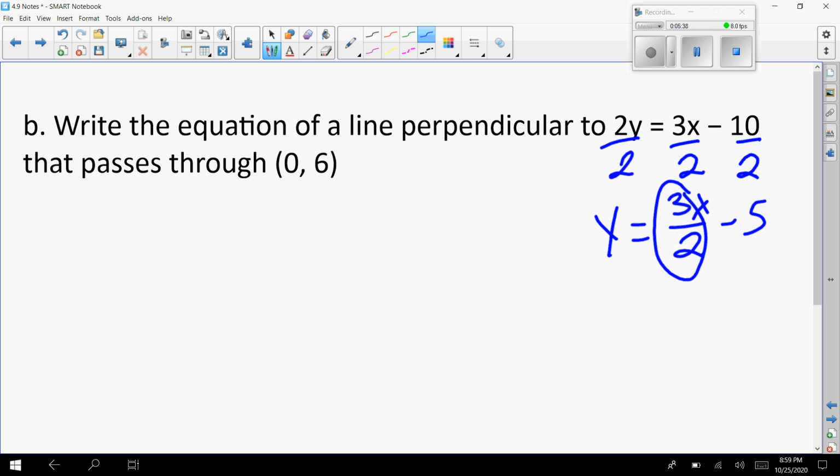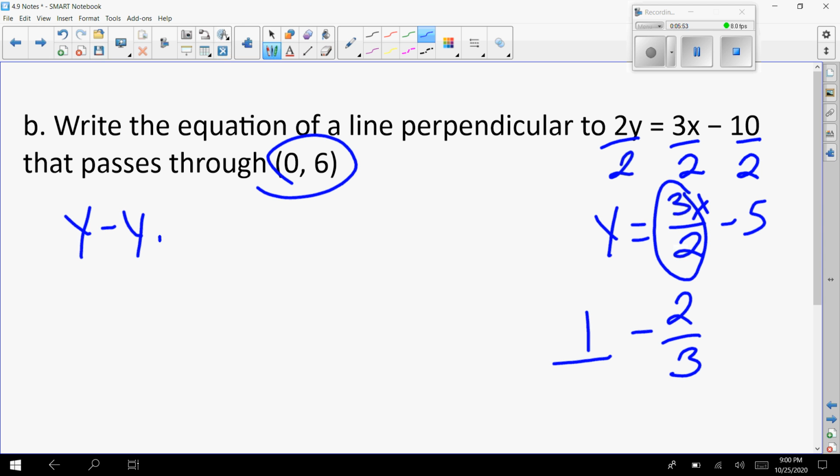We want perpendicular, which means we have to flip this and take the reciprocal. So that would be -2/3. Then we use this point in the y minus y1 equals m times x minus x1.